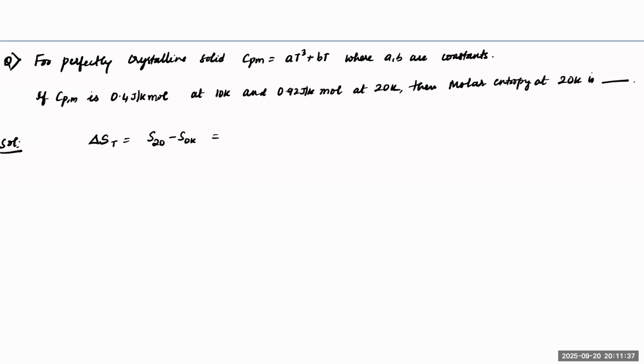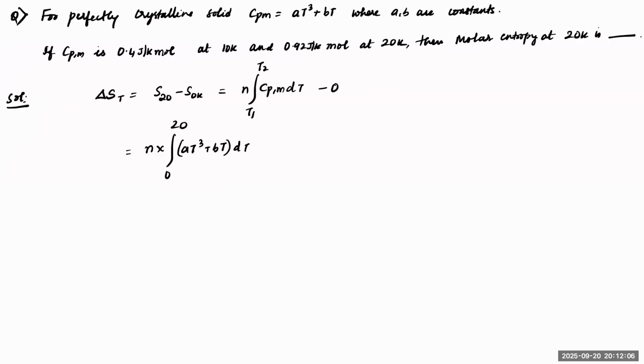And S at 20 can be written as N into integral of CPM dT from T1 to T2, minus 0, because entropy at 0 Kelvin is 0. So this is equal to N into integral 0 to 20 of (AT cube plus BT) dT. This is what I'm supposed to do.